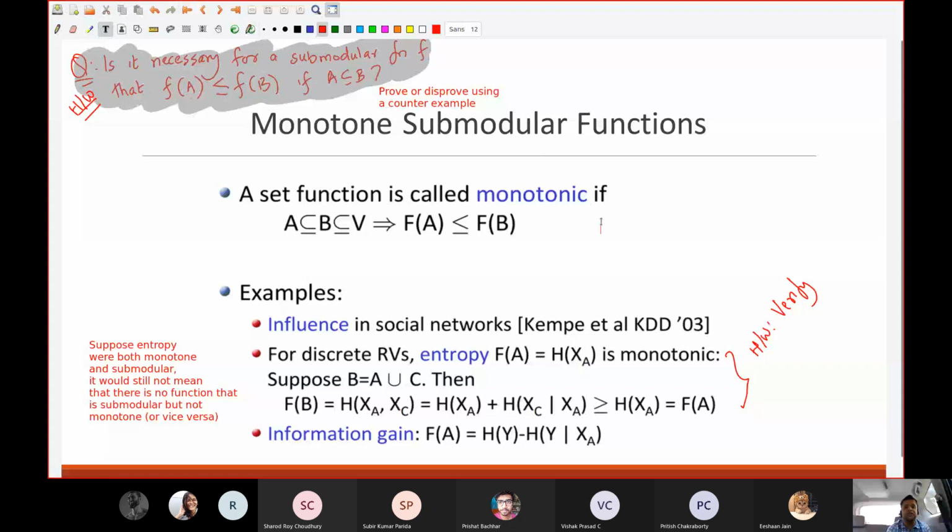If a modular function has non-negative weights, it will be monotone. Good. But then for submodularity, you'll need to think a bit more, right? Yes, sir.